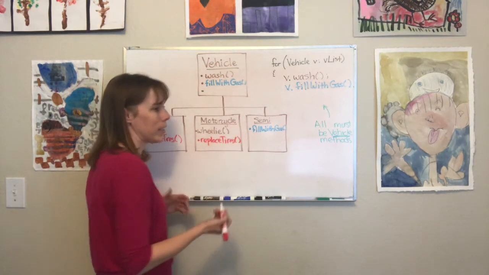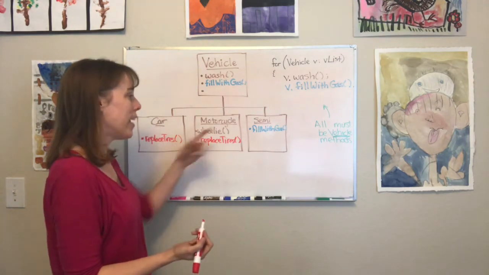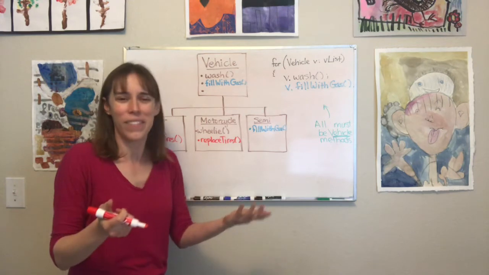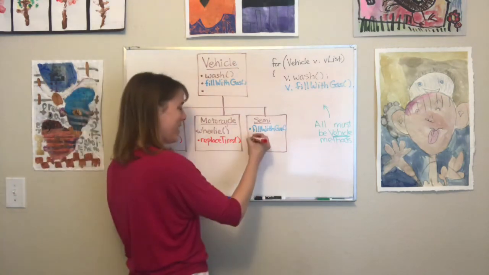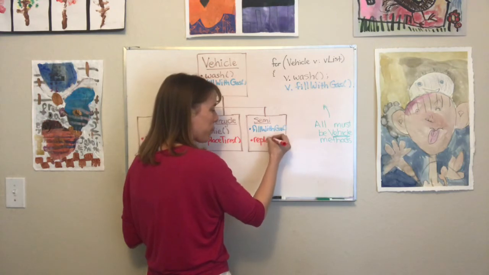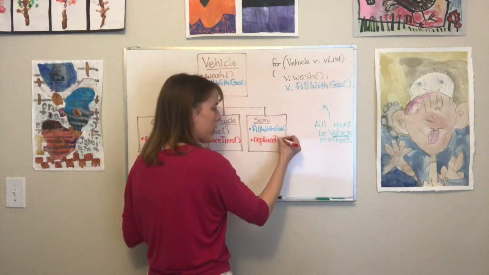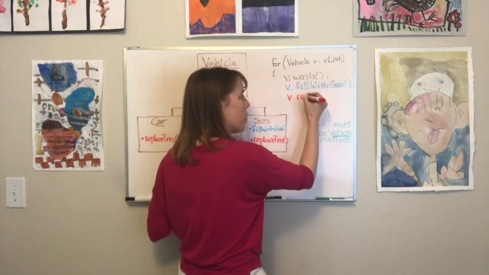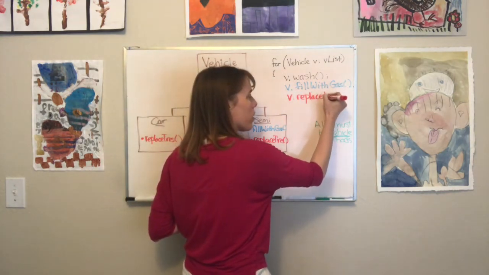And it's definitely going to be different for an 18-wheeler. I don't even know how they change the tires on one, but if you had to do that here, great. Now, there's something kind of funny about this, because if I do this, it's not going to work.